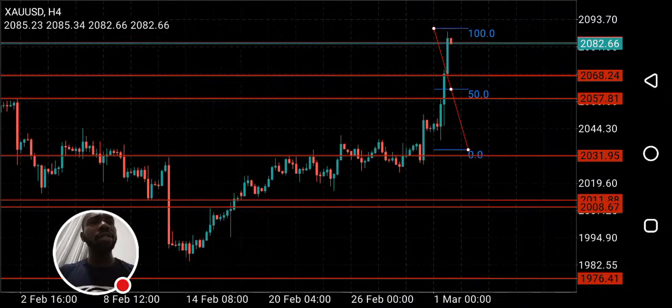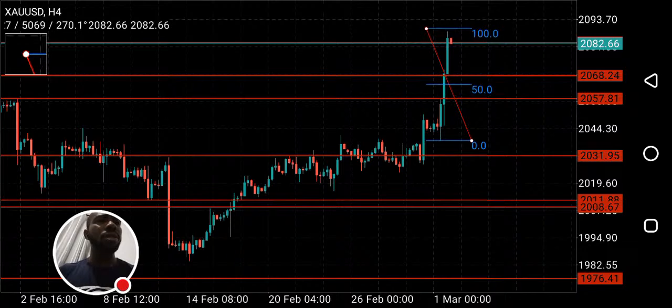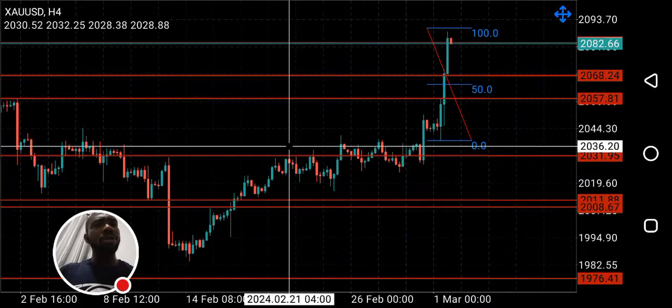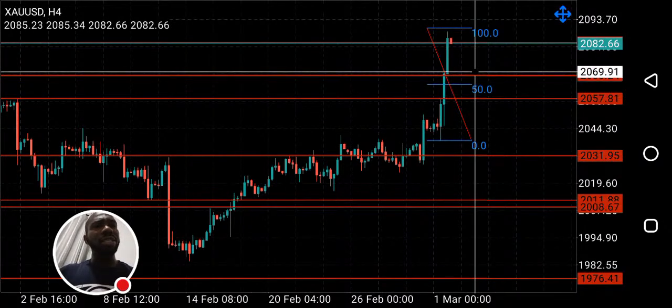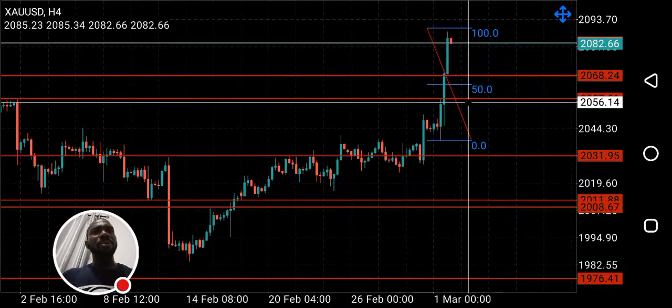Can you see that? So we can work with this. This fair value gap I just identified is at equilibrium, right?